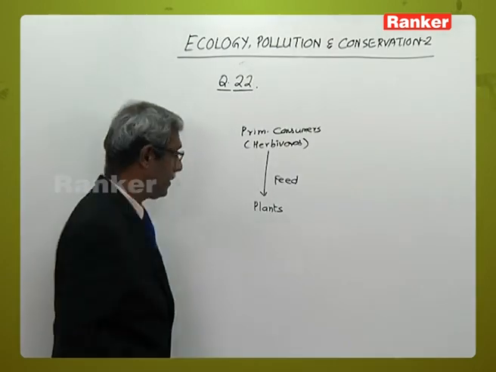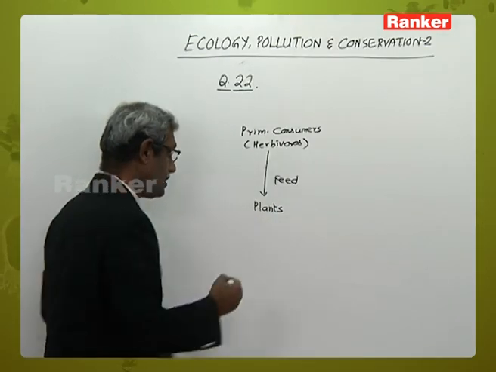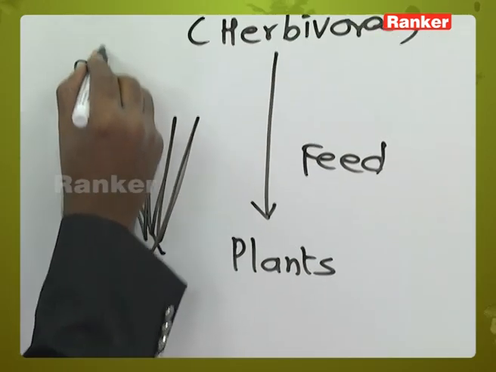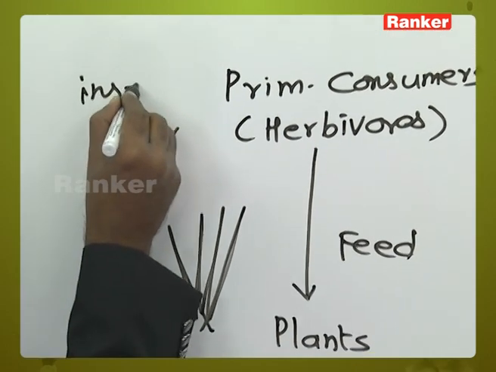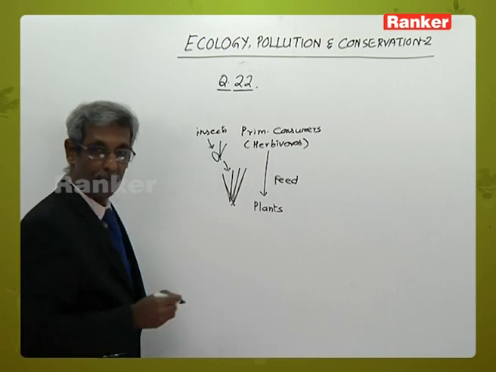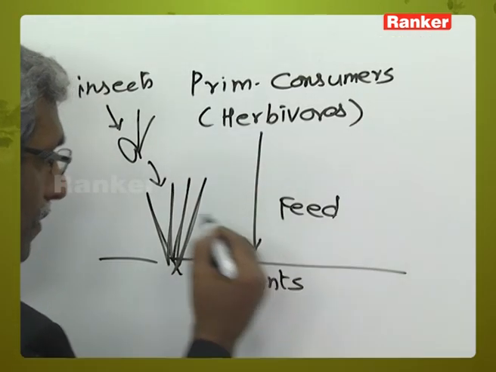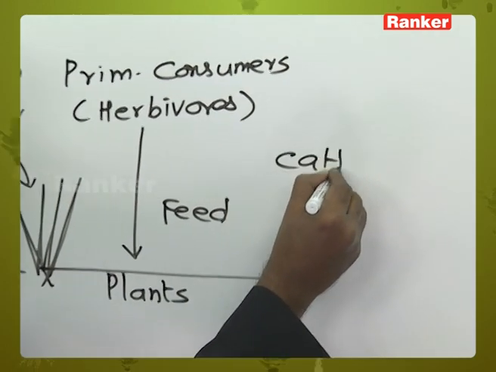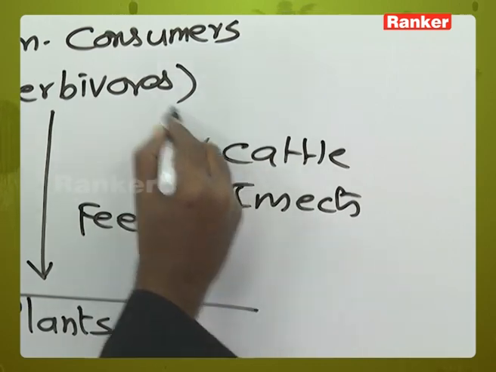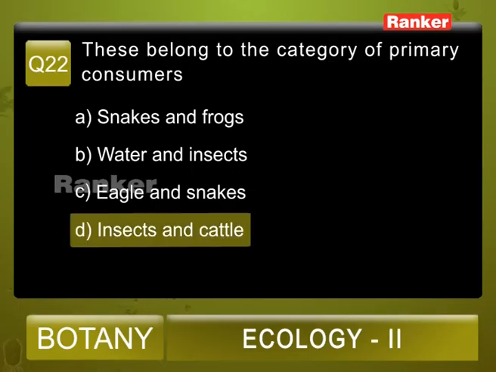In a food chain, primary consumers feed on plants. The commonest insects feed on plants, and cattle also eat plants. So cattle and insects are examples of primary consumers. The answer is D.